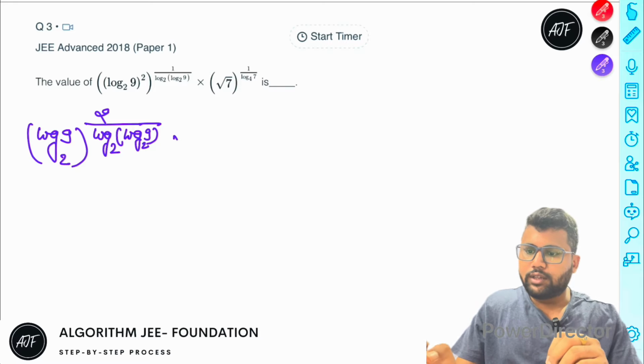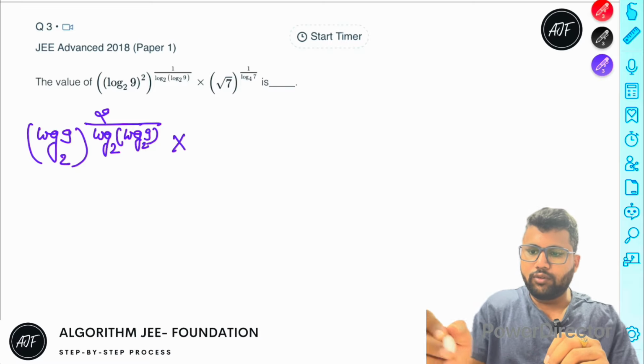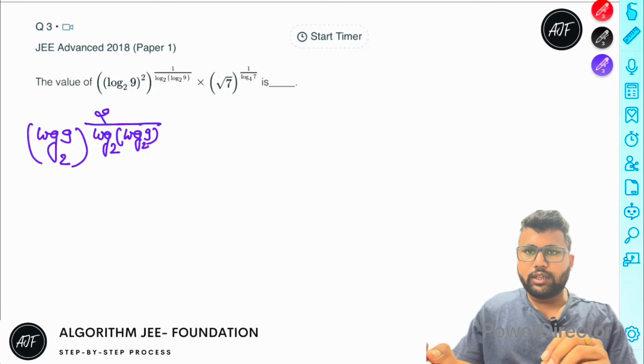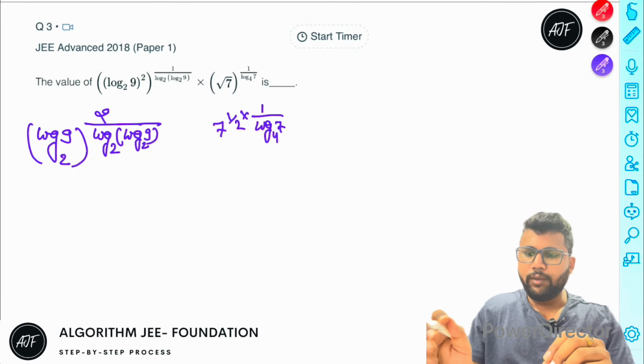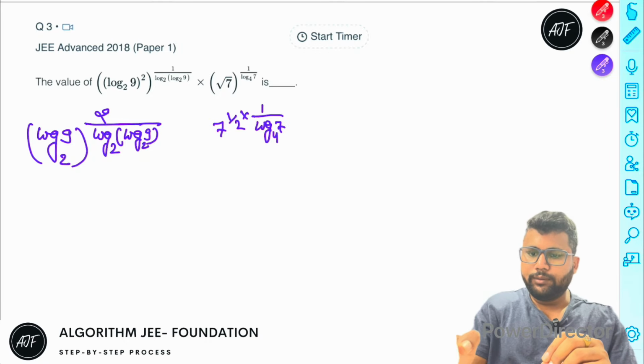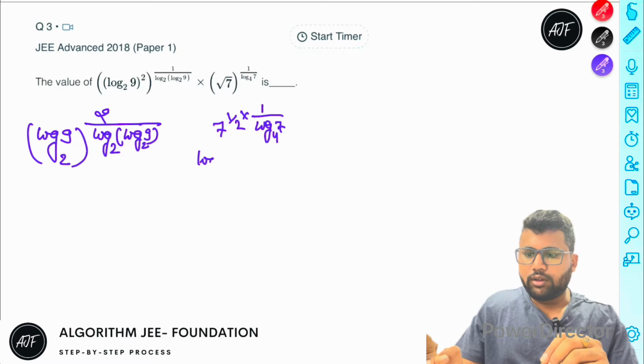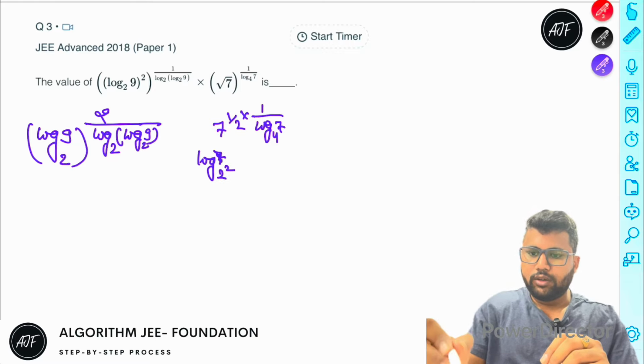Okay, same in this case. In this case, 7 power 1 by 2, so 1 by 2 is multiplied by 1 by log 4 7. Be careful with log 4 7. Now you see 4 is 2 power 2. So can you write 7 power 1 by 2?